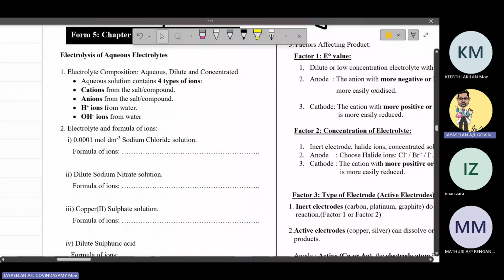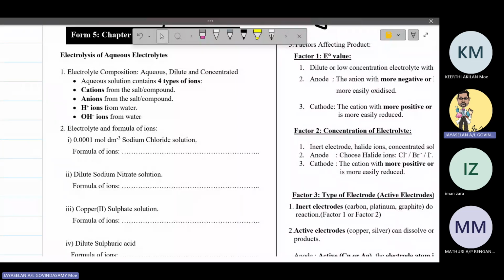Okay, katakan dia tak letak perkataan molten dalam electrolyte larutan. Tak nampak perkataan molten, maksudnya you kena ambil 4 ion. Let's say they put sodium chloride solution. Di sini ada tak kamu nampak perkataan molten?